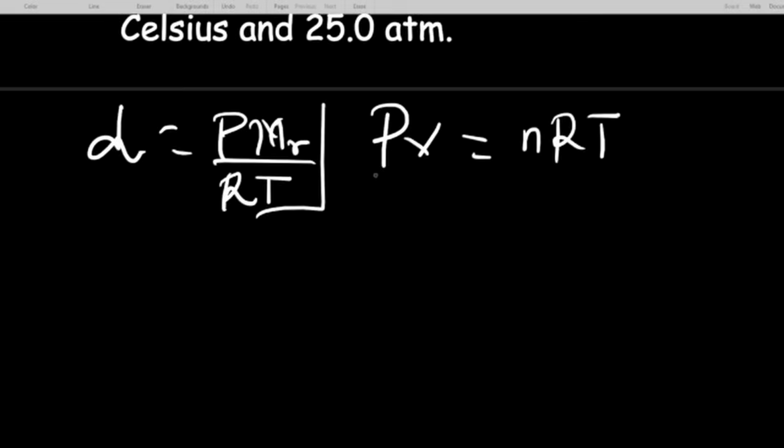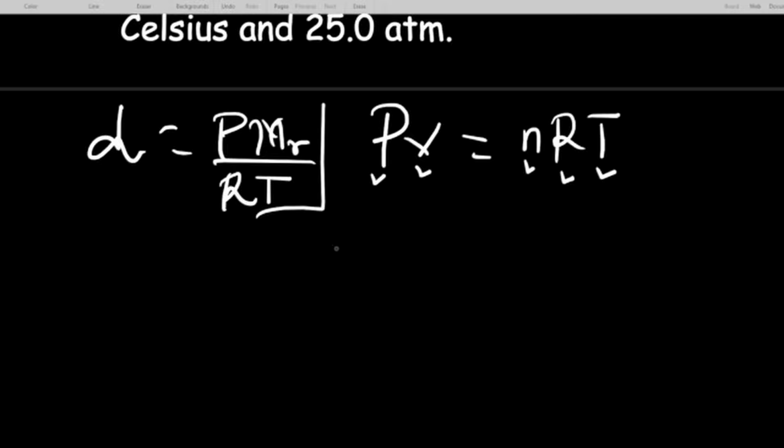Remember that P refers to pressure, V refers to volume in liters, n refers to the number of moles of gas, R refers to the ideal gas constant, and T refers to the temperature in Kelvin.